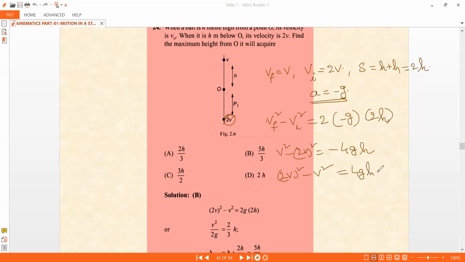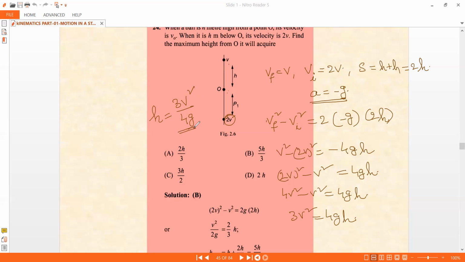So 4v square minus v square is 4gh, and this gives 3v square equal to 4gh. From this, you can make out that h is nothing but 3v square by 4g.